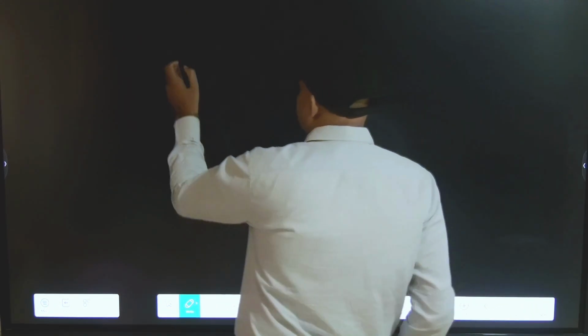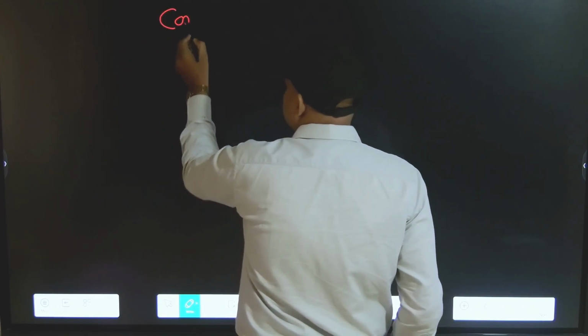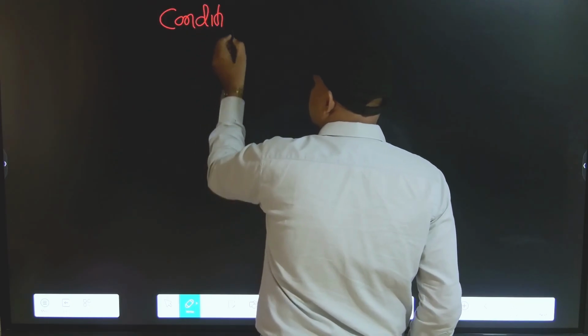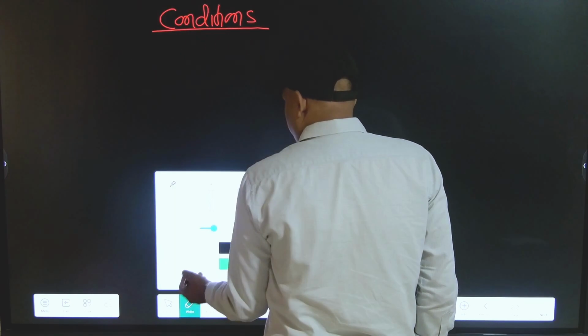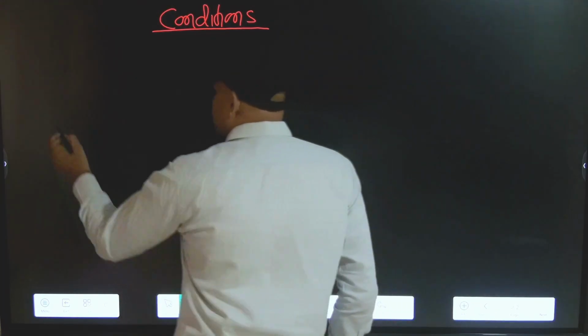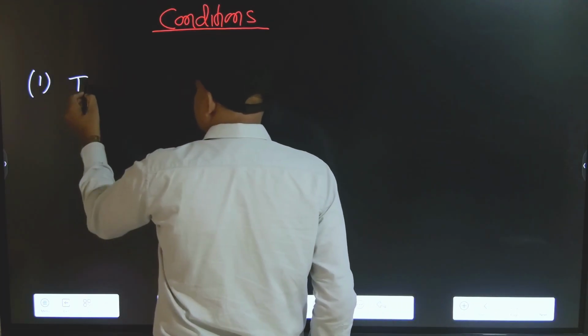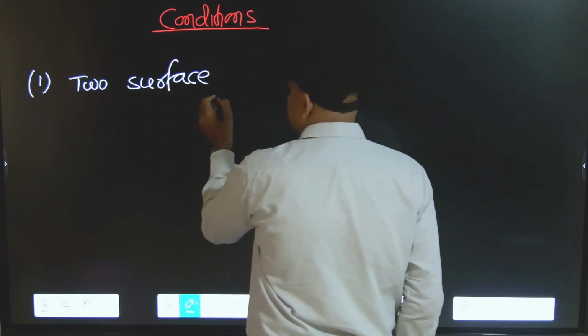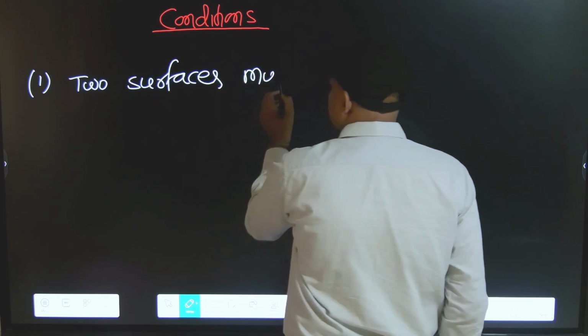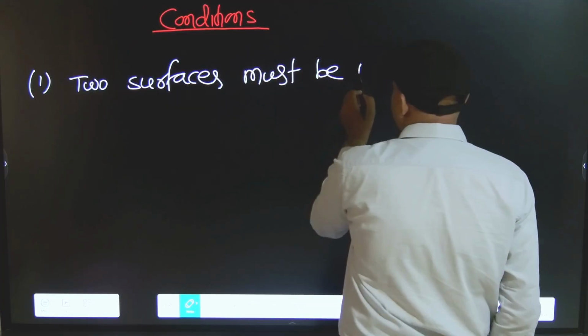Now, once we have understood why friction acts, let us look at the conditions. For the frictional force to act, the first condition is that two surfaces must be in contact.